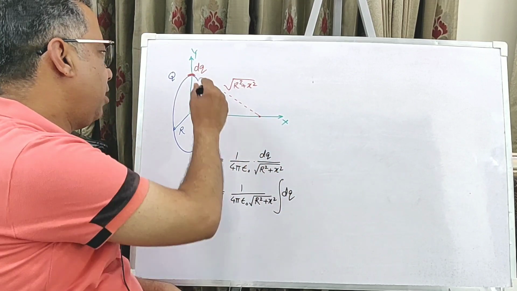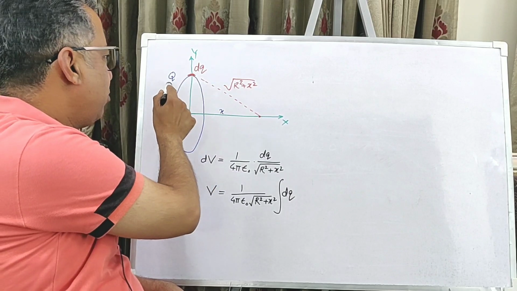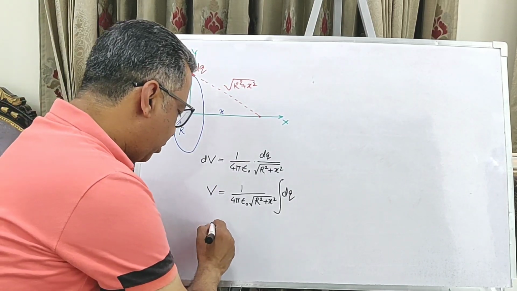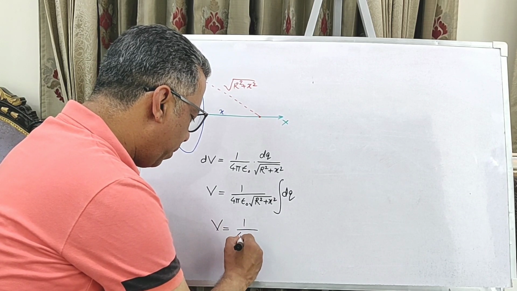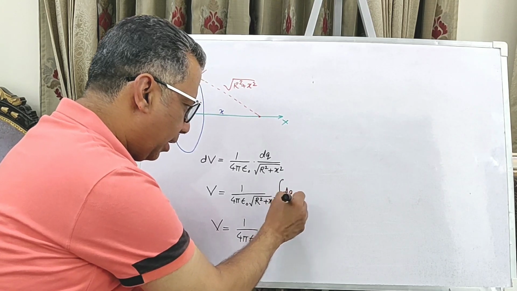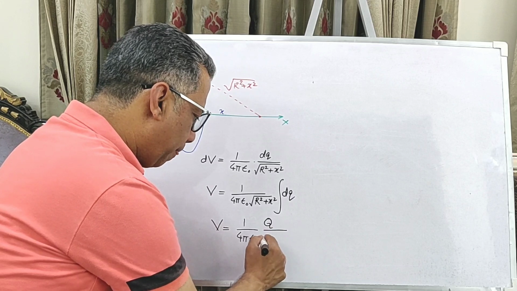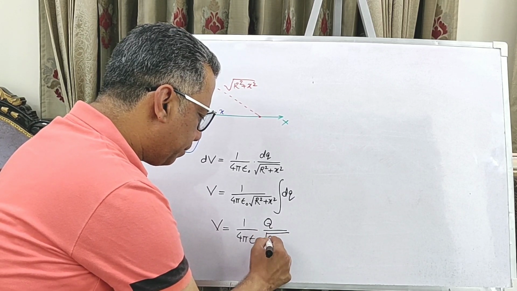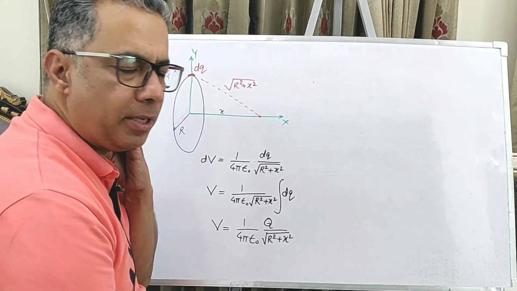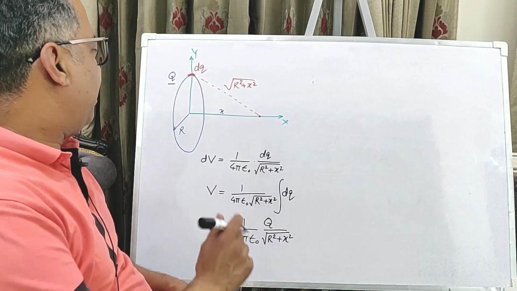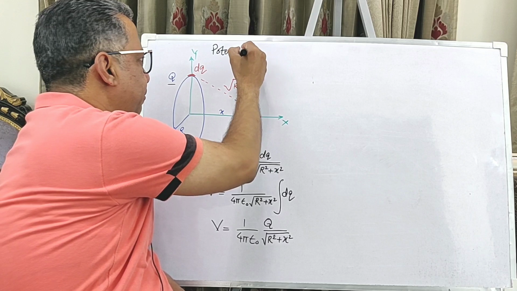And once we add all the dq's, you get the total charge q of the ring. And so the potential at the point will be equal to 1 by 4 pi epsilon naught, this on summation becomes q divided by root of r square plus x square. That's the potential due to a ring. So we've calculated here the potential due to a ring.